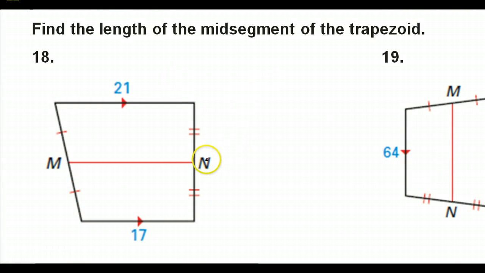Mid segment. Okay, we're back to this again. The mid segment should be the average of the two bases. I'm going to call this X. So the mid segment should be the average of the bases. So that should be 17 plus 21 divided by 2.